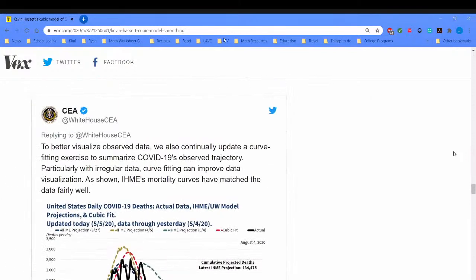Just so you know, as soon as Kevin Hazard used a cubic, anyone who studied any kind of math up to the level of algebra knows that he was scamming. He was telling the president what he wants to hear. And because of that, the entire government said, we don't have to do anything. May 15th, it'll magically go away.